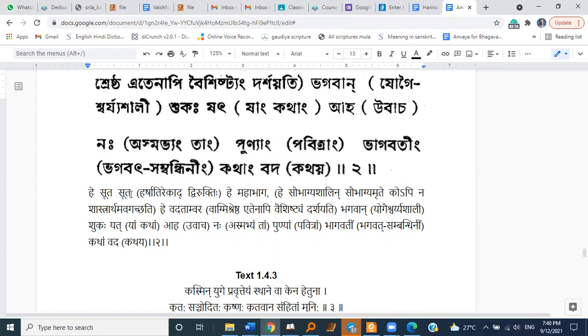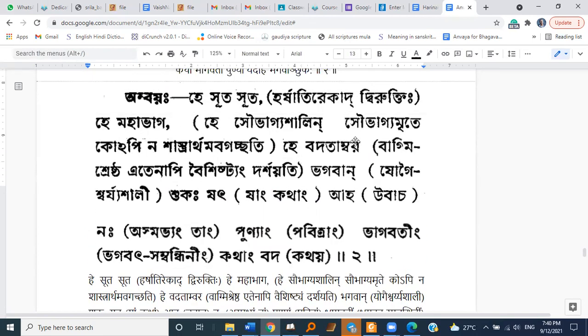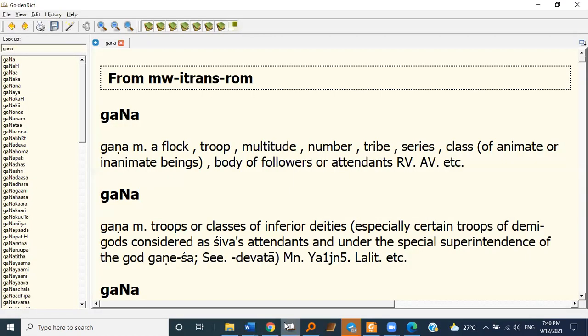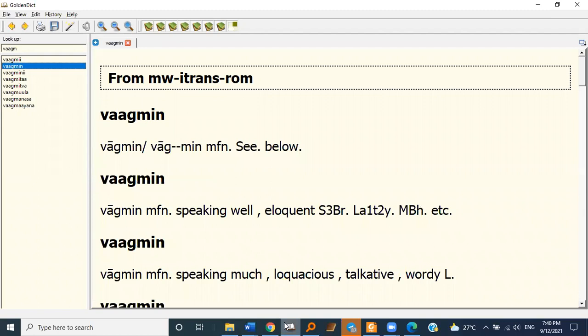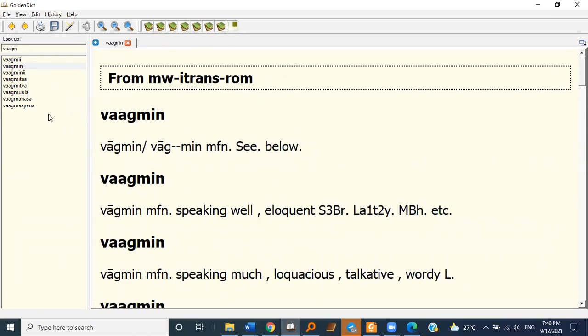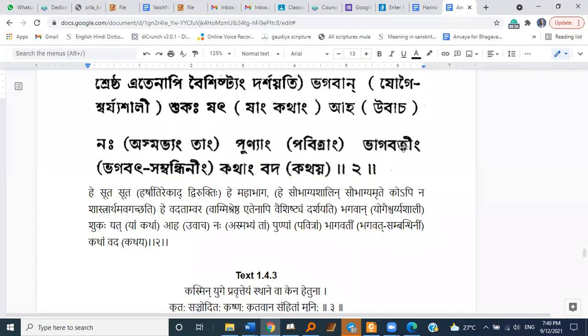He Vadatam Vara Vagam. What is that? Vagmi Shrishta. Okay, Vagmi Shrishta. Okay, Vagmi means speaking well, eloquent. So Vagmi Shrishta etena api Vaishishtyam darshayati.